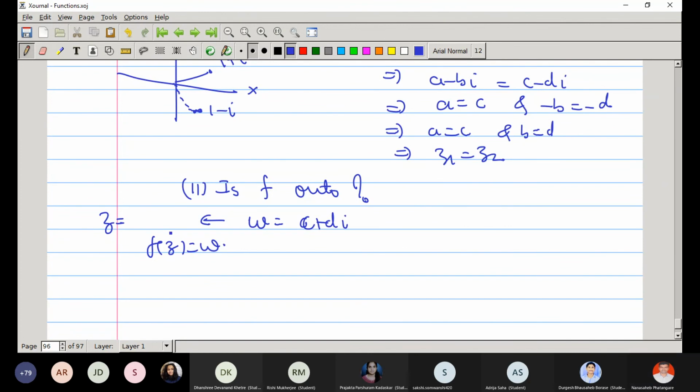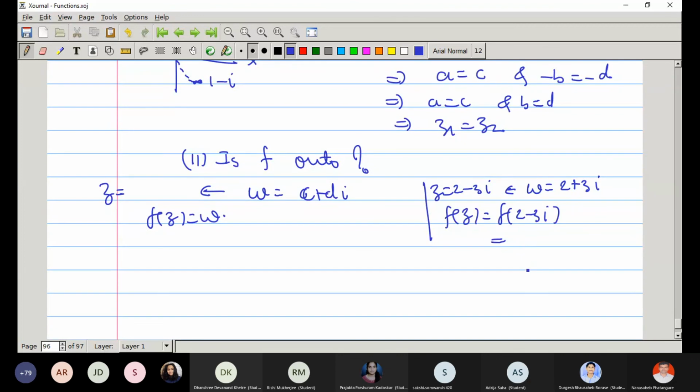Yes. What is the pre-image of 2 plus 3i? 2 minus 3i. Because what is the image of this 2 minus 3i? It is 2 plus 3i, which is w. That means for any w, can you produce a pre-image?